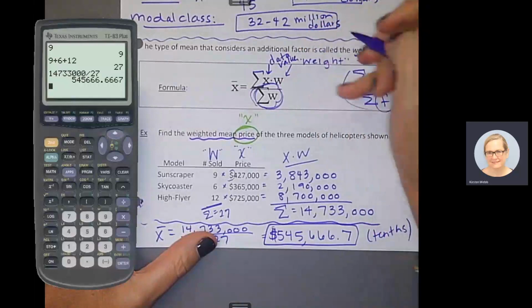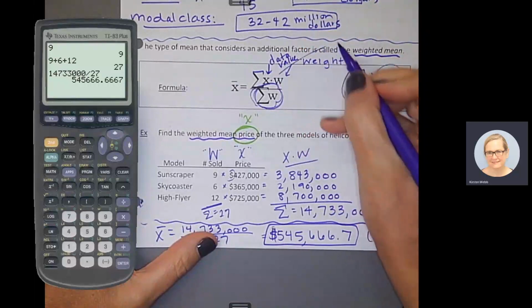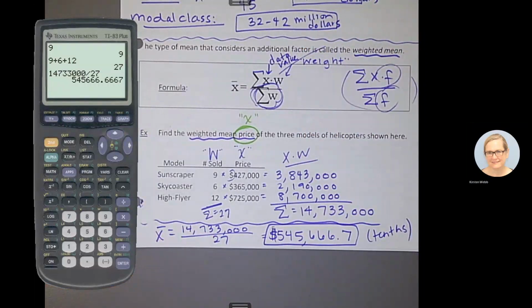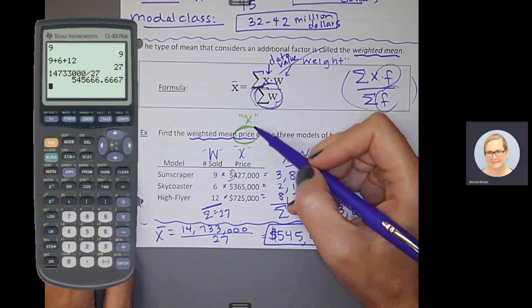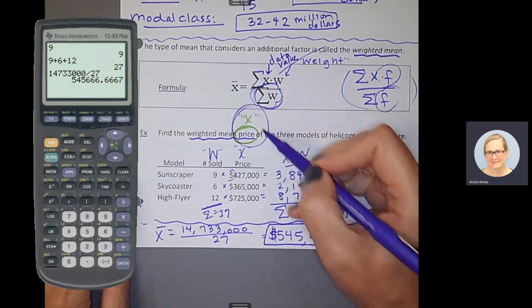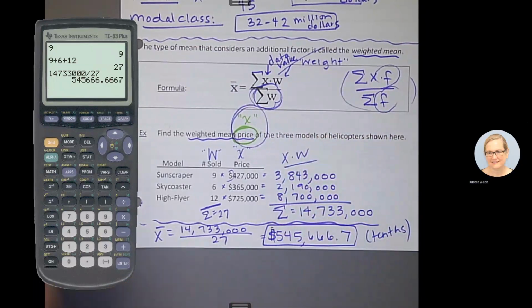Something to write down if you think it'd be any help to you. W is the weight. And again, remember, whatever they're asking about, that's going to be the X. Like weighted mean price helps us know price is the X. And the other information is the weight.